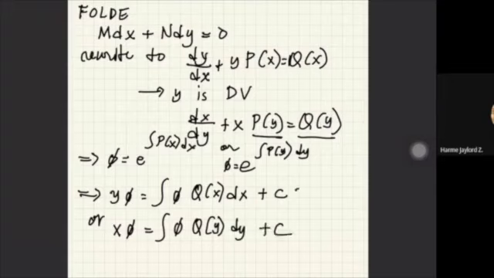And this will lead you to the general solution, or to the particular solution if there is a given value of x and y to solve for the c. That's what the first-order linear DE is. Now, the Bernoulli class is this one.